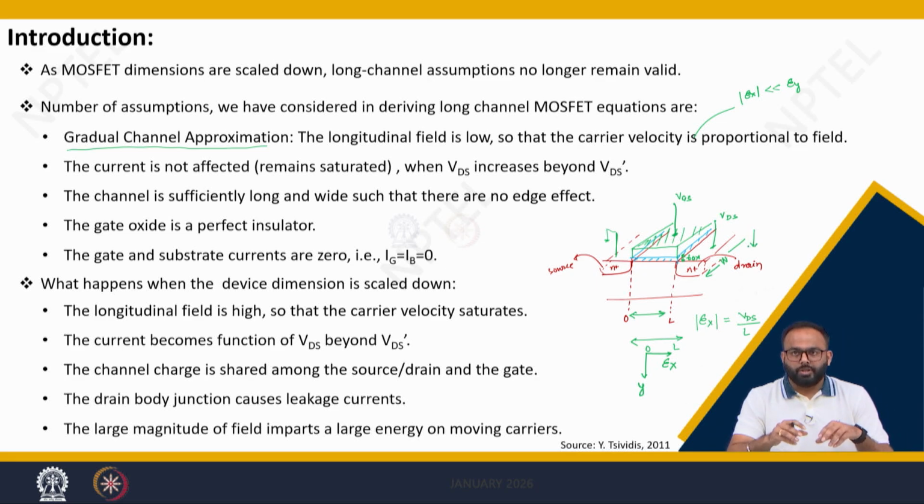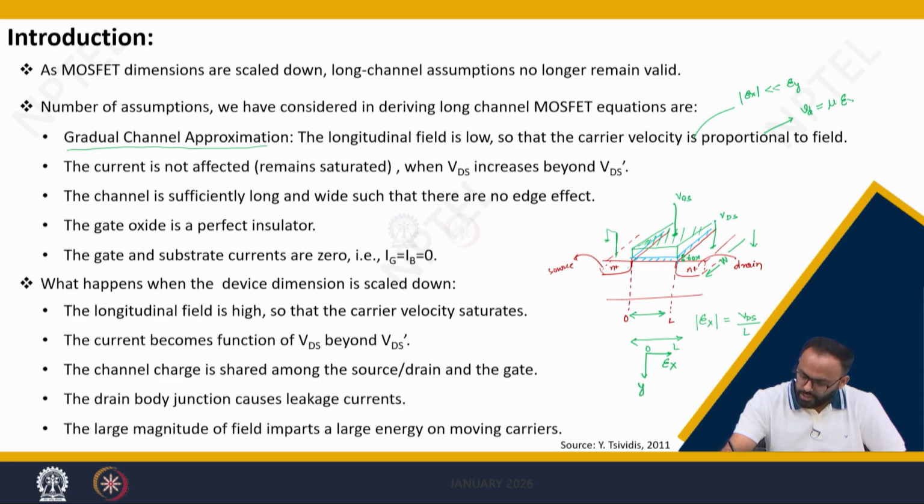In consideration of this, we said that the electron mobility moving from source to drain is linearly increasing with Ex. So, we started our analysis considering the drift velocity can be given by mu into Ex, or the drift velocity Vd is directly proportional to Ex, where Ex is the horizontal electric field, right.